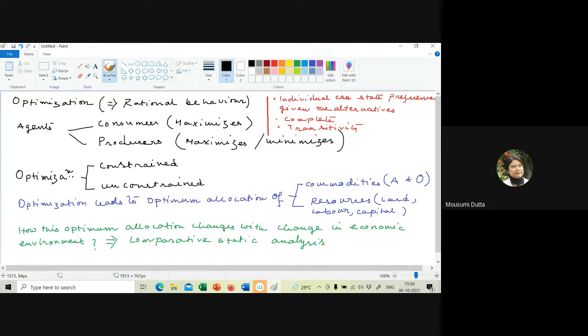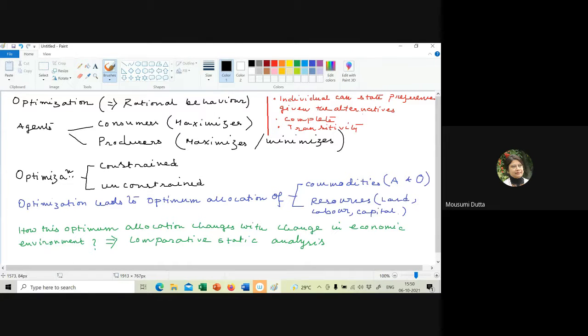For the consumers, they want to maximize their utility subject to their income. We may wish to buy a chartered plane, especially in the COVID days, so we would be able to fly here and there. However, it is not possible. Given my income, it is not possible.